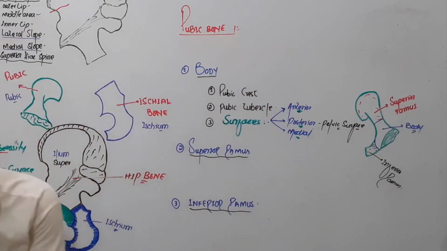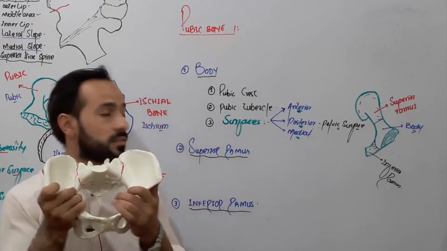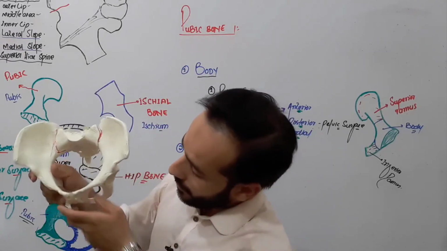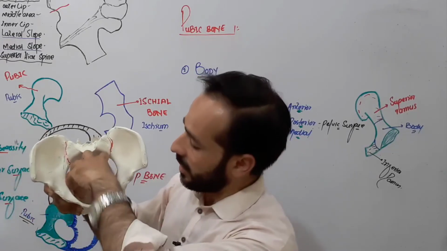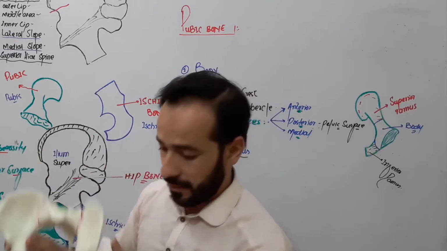That's why we say that the posterior surface is also known as the pelvic surface. Why? Look carefully here. This is the posterior surface and it is present towards the pelvic cavity. That's why we say this is the pelvic surface.